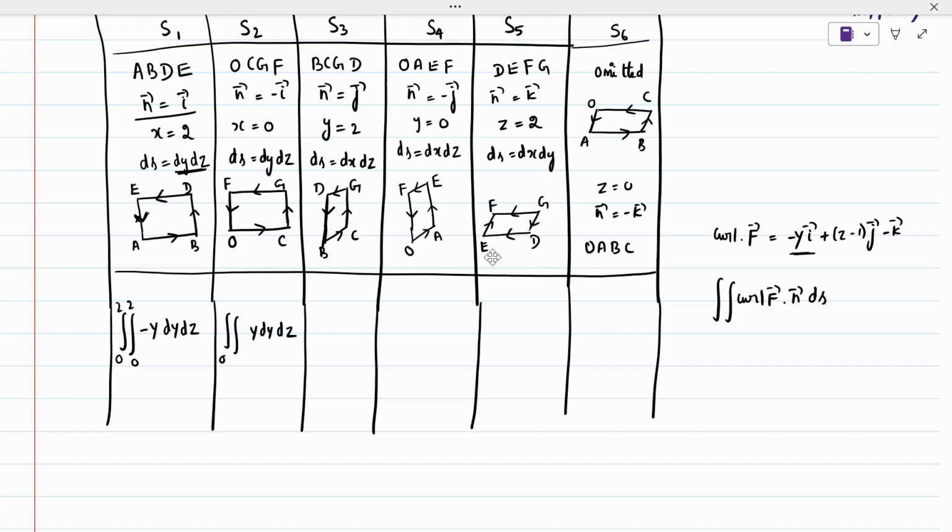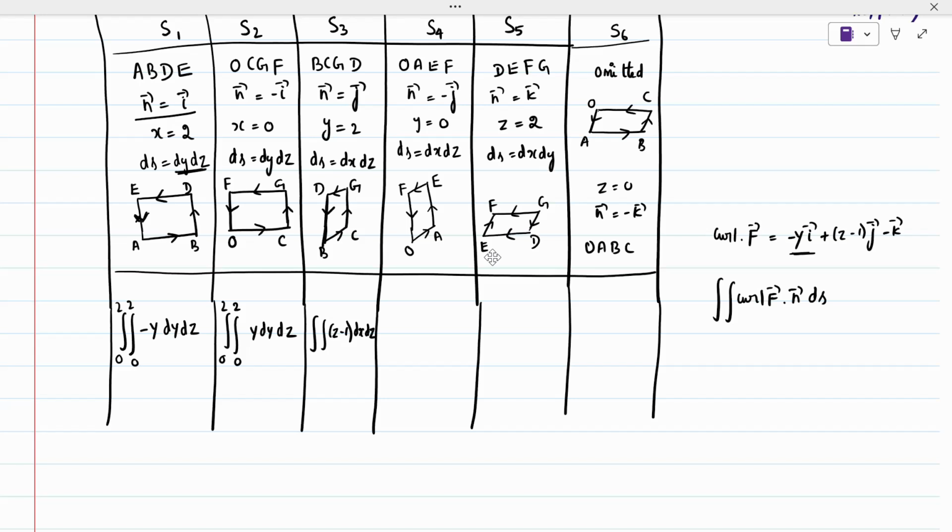Same 0 to 2. It is in terms of plus. Okay, so next will be the j vector. When I multiply j vector into j vector, it is 1. So it is nothing but the double integral over z minus 1 into dx dz.